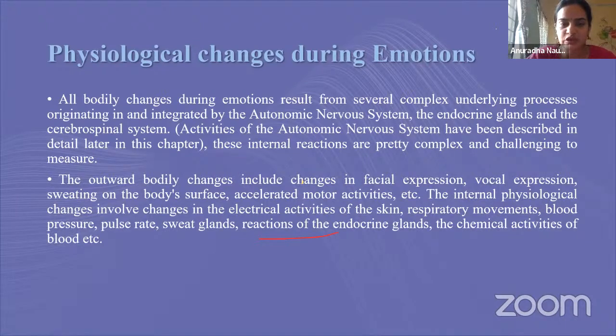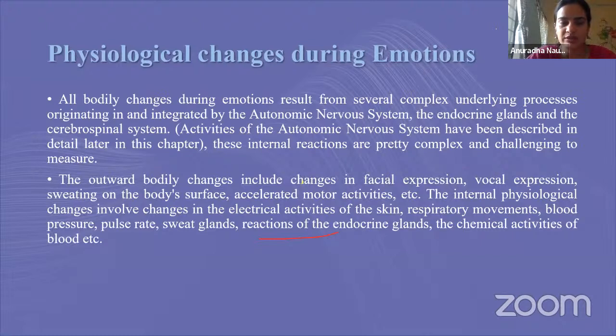The internal physiological changes involve changes in the electrical activities of the skin, respiratory movements, blood pressure, pulse rate, sweat glands, reaction of the endocrine glands, and the chemical activities of the blood. So what you should try to understand here is that a lot of systems are involved in how we are experiencing an emotion. As I've already told you, the autonomic nervous system is involved, which has two components, parasympathetic and sympathetic nervous system.